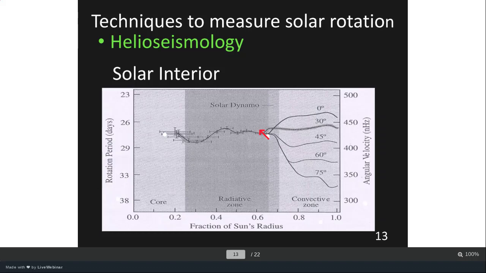Beyond this radius 0.6 r, we can see that the rotation profile is differential. It means different latitudes rotate with different rotation rates. If we look at this profile at 0 degree, it increases, decreases, increases, decreases. This is a complex variation. Again, 30 degree latitude has a complex variation. So the solar rotation profile of the solar interior has a complex rotation period.